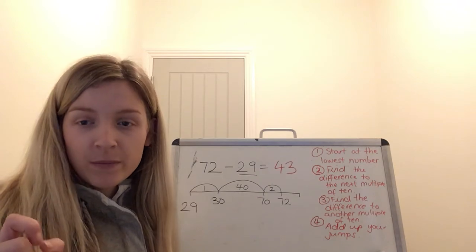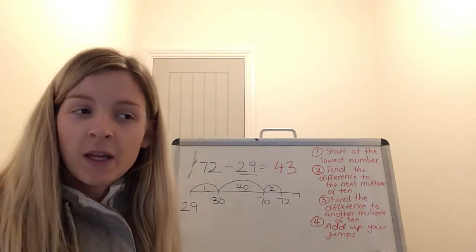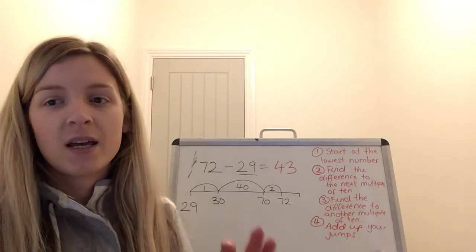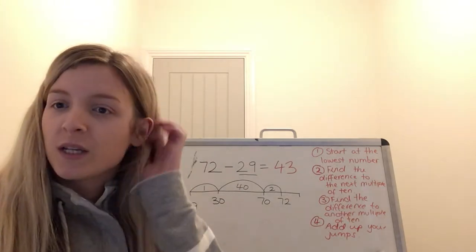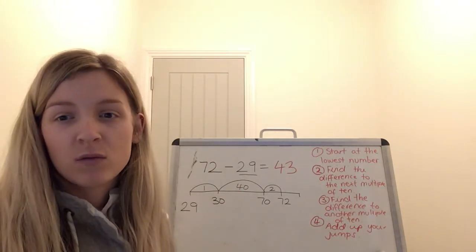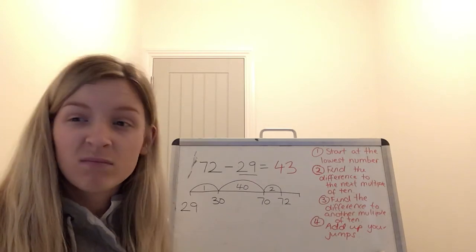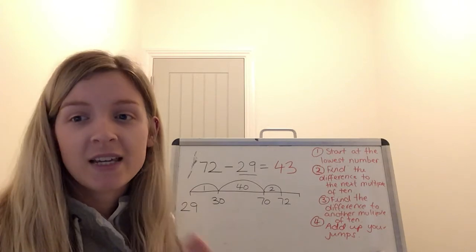At the bottom, something else that I would really like it if you could all do for me. At the bottom of the sheet, there is a little space for you to indicate, like a traffic light, whether you found this really hard, a little bit hard but it was okay, or if you found it really easy.